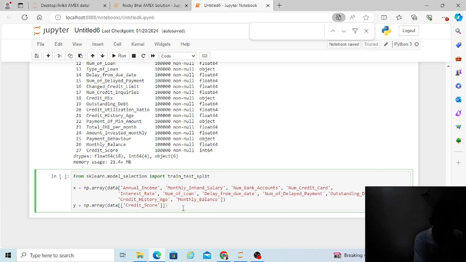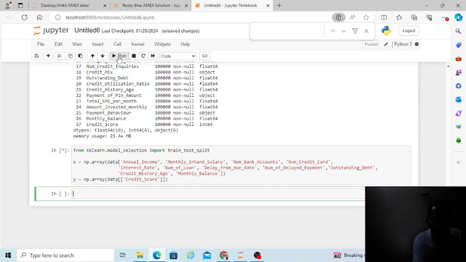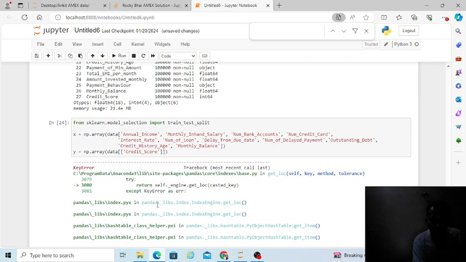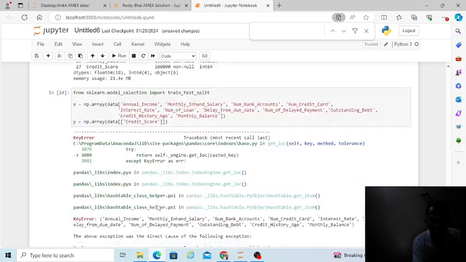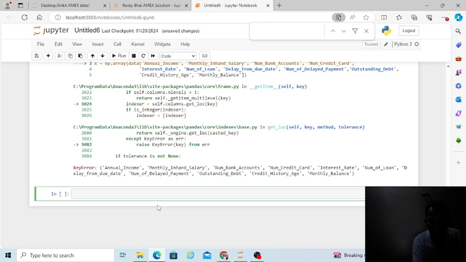So now we have segregated our data. Okay, there is one error. Okay, it's a key error.